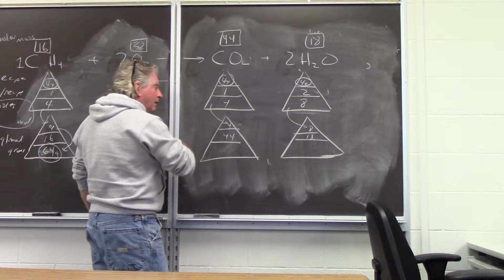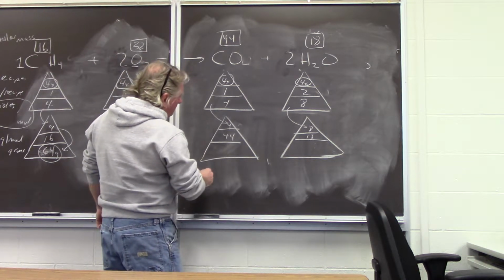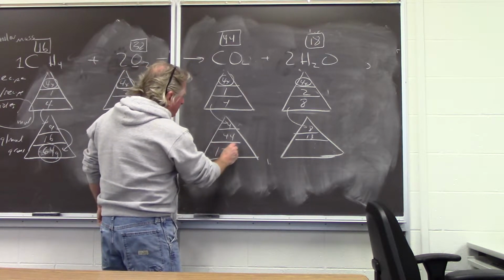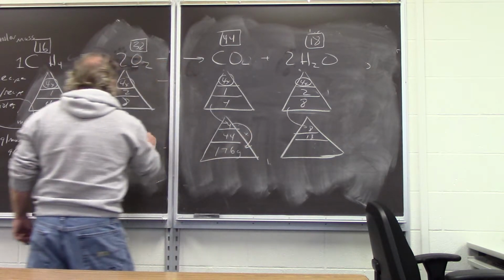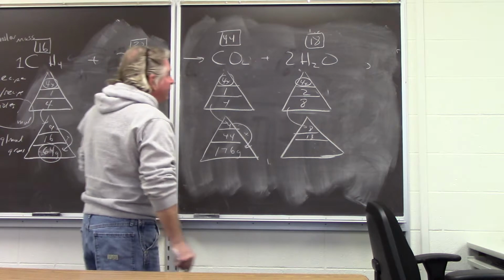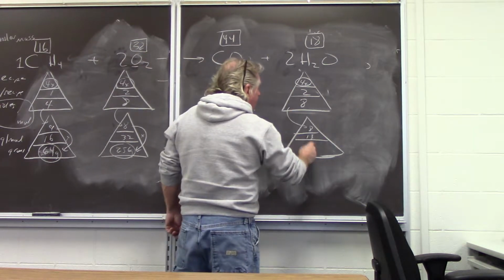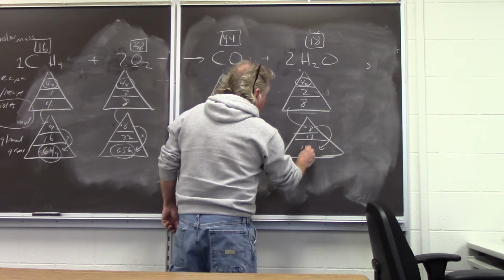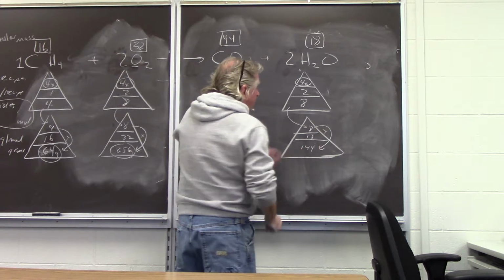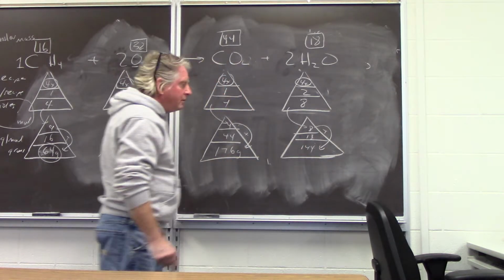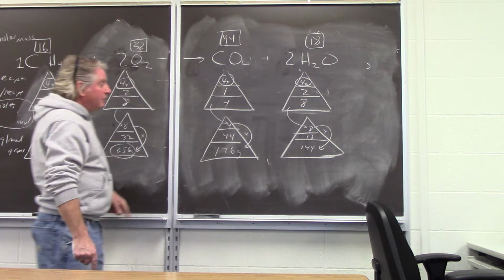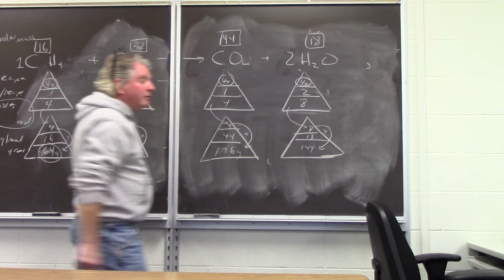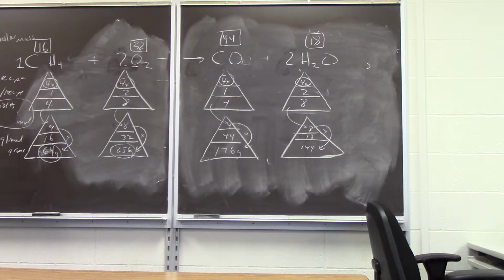You do that 4 times, and you get 176 grams. For water, you end up getting 144 grams. You do 18 times 8. There you go. And if you look, 64 plus 256 equals 176 plus 144. That's conservation of matter.